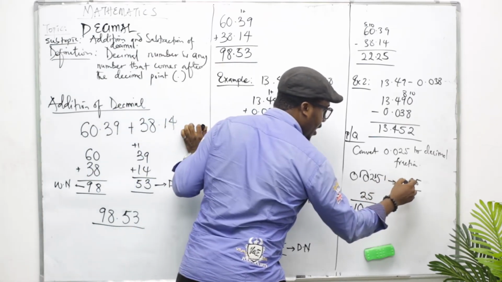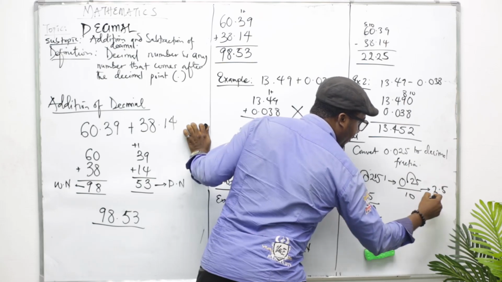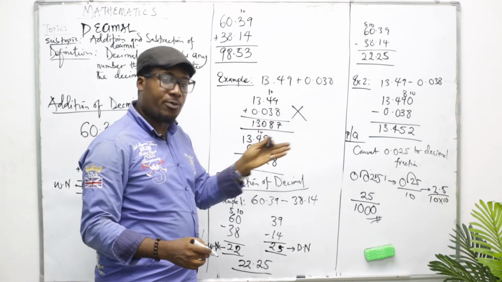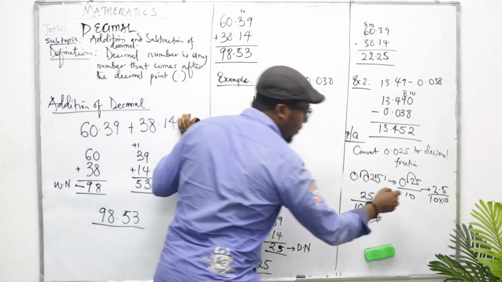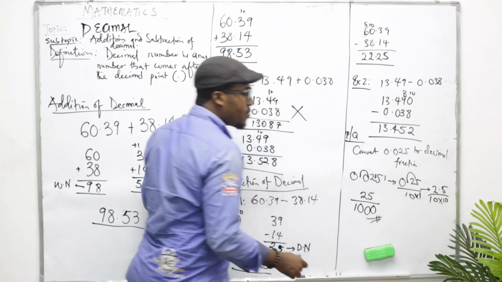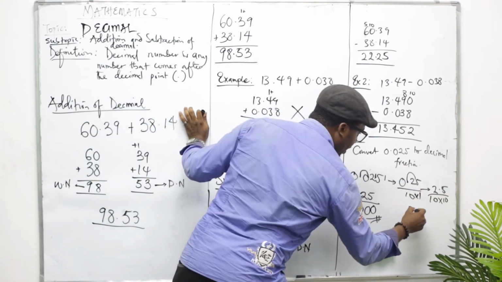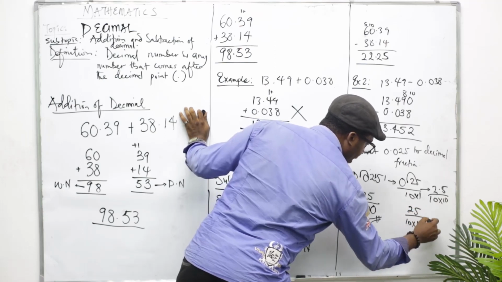The second method: I move second, it becomes 2.5 all over 10 times 10. I can just put 100, but I want you to understand why I'm doing that. 10 times 10. This one is like 10 times 1. Then I move to eliminate it, it becomes 25 all over 10 times 10 times 10.